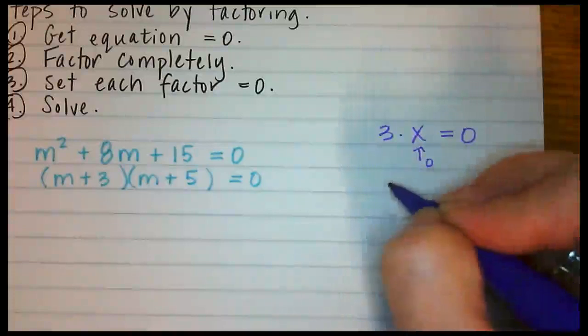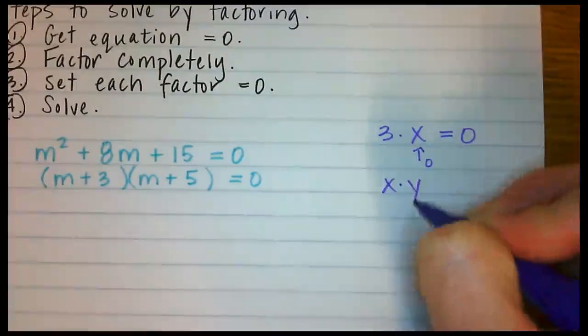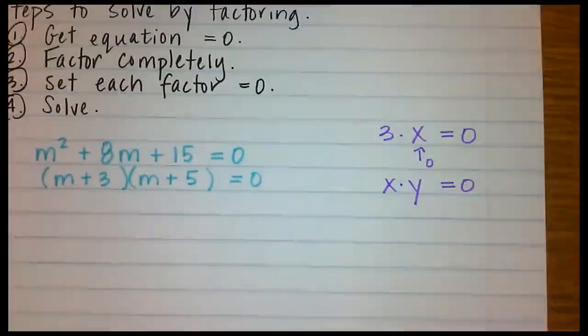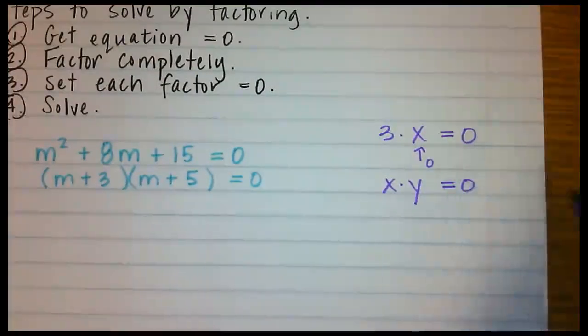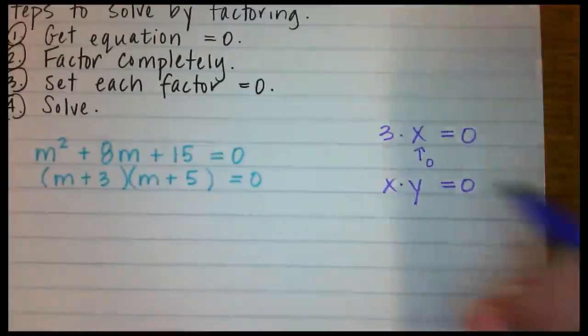Let's say that we had x times y equals 0. Here we're multiplying two numbers together and the answer is 0. So what we know is that if the answer when we multiply is 0, then one of the things we multiplied must have been 0.